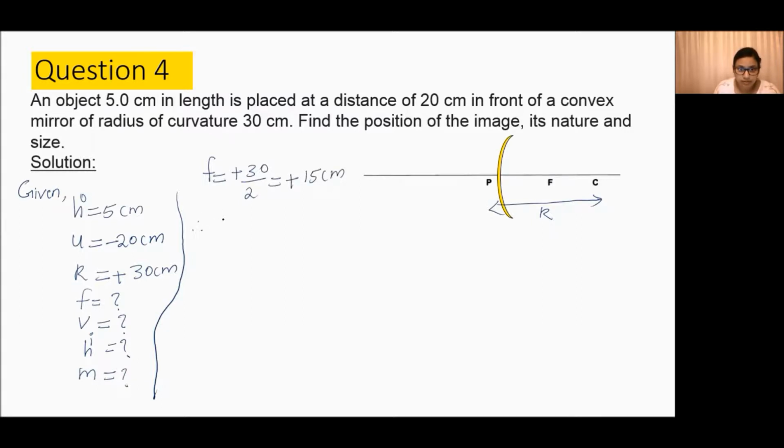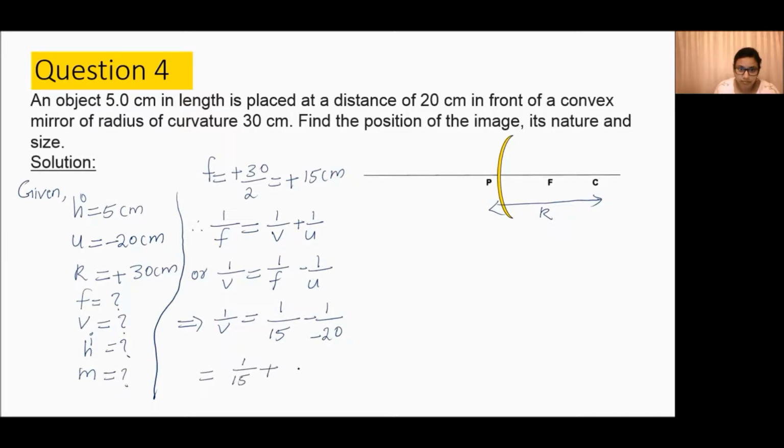Now we will calculate using the mirror formula. 1 by F is equal to 1 by V plus 1 by U, or 1 by V, which is equal to 1 by F minus 1 by U, which implies 1 by V is equal to 1 divided by 15 minus of 1 divided by minus 20, which gives 1 by 15 plus 1 by 20 gives you 20 plus 15 divided by 300.